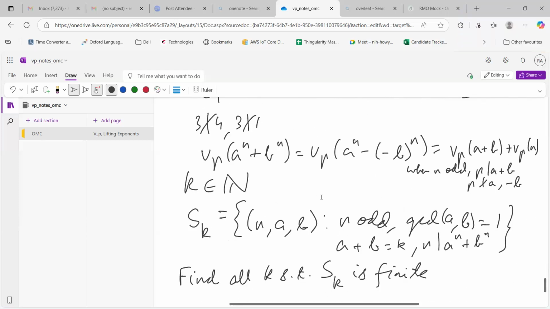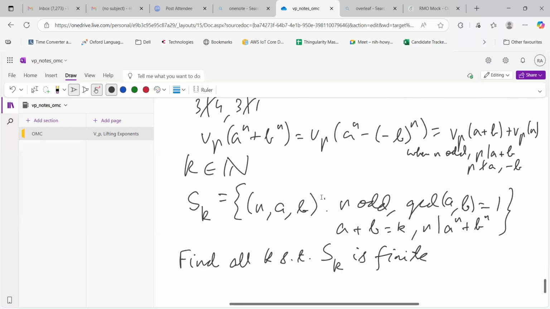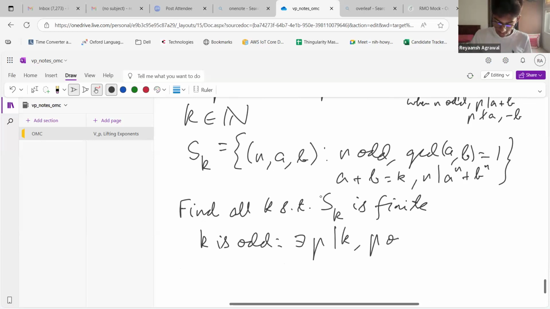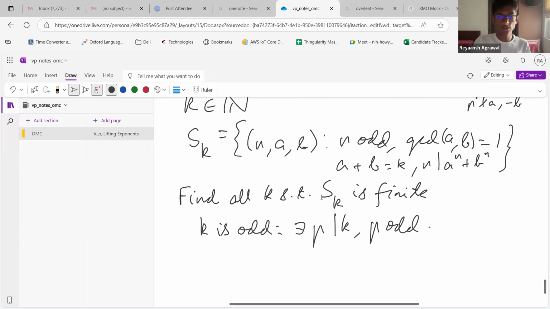Great. Now for this problem, I'll just walk you through the solution and maybe I'll put it in the P set. The idea is that if k is odd, then there exists an odd prime dividing k, right? And so then we can try Vp of a to the power n plus b to the power n.